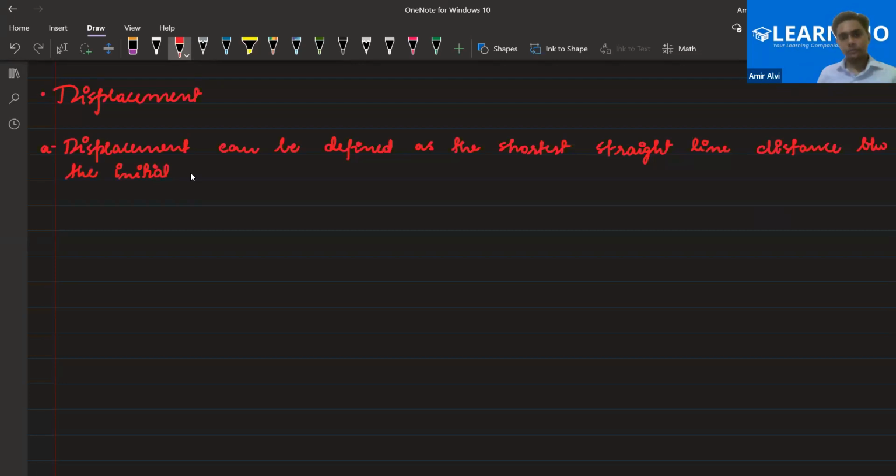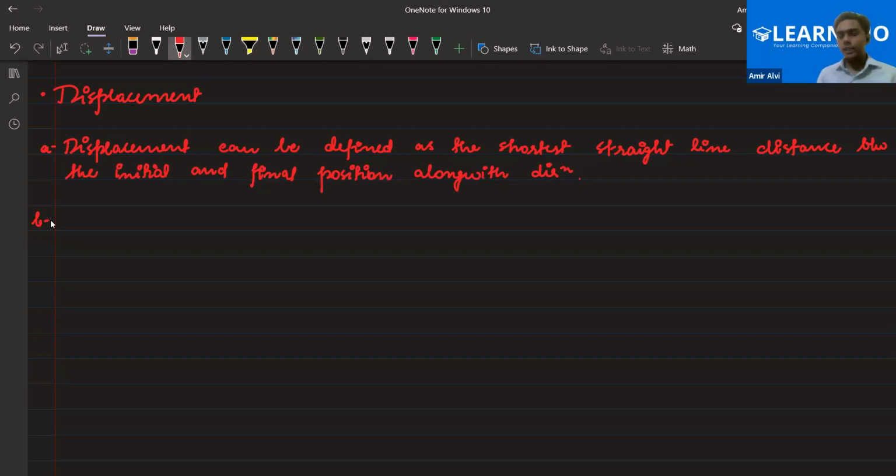Initial position along with direction. The next point is that displacement is a vector quantity.